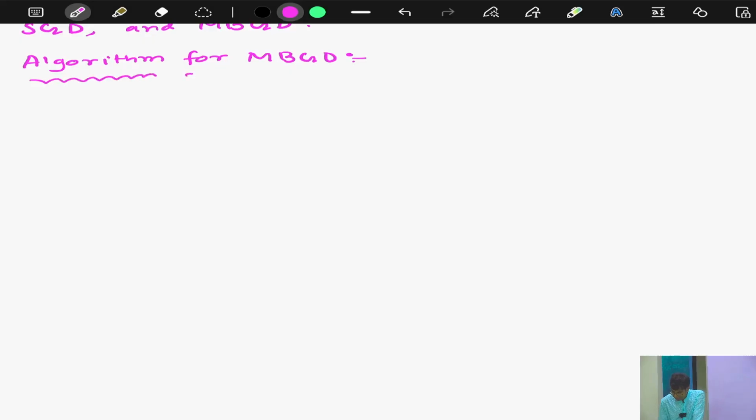Before we start revisiting the algorithm, can you quickly remind me what is mini batch gradient descent? What we do here? How is it different from batch gradient descent or stochastic gradient descent? We update after each mini batch.